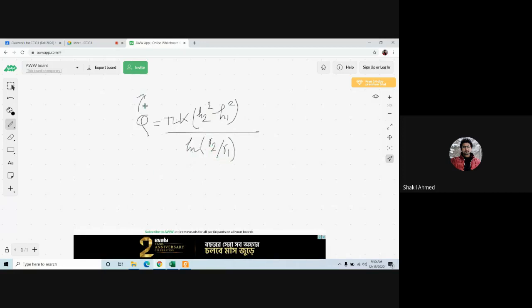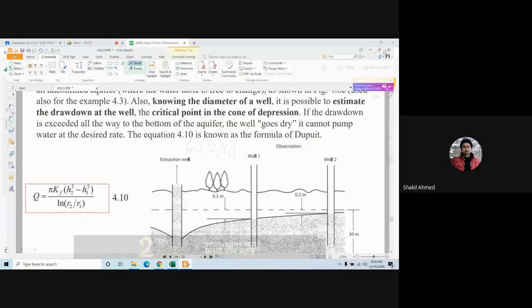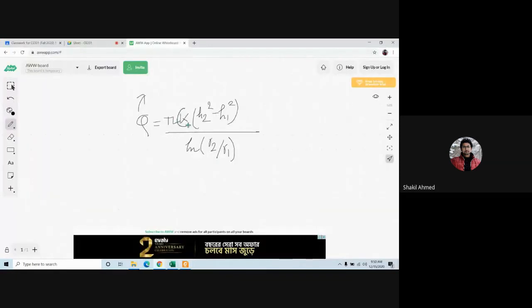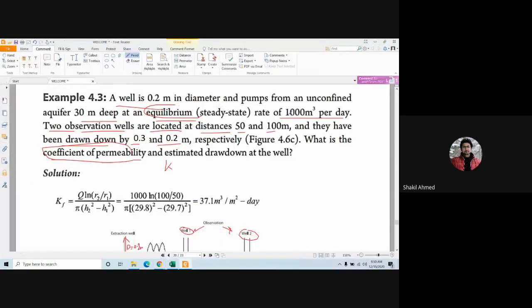They're asking you to find the coefficient of permeability. What is Q, by the way? Q is 1000 meter cube per day.